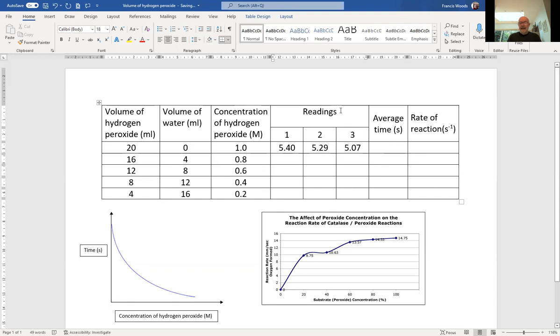The readings, okay, we would put in seconds, average time in seconds, and the rate of reaction. If you look at then the graphs, here we've got the time taken in seconds and the concentration of hydrogen peroxide molar. Again, I would be expecting to see on those graphs the units, and then the actual graph itself.